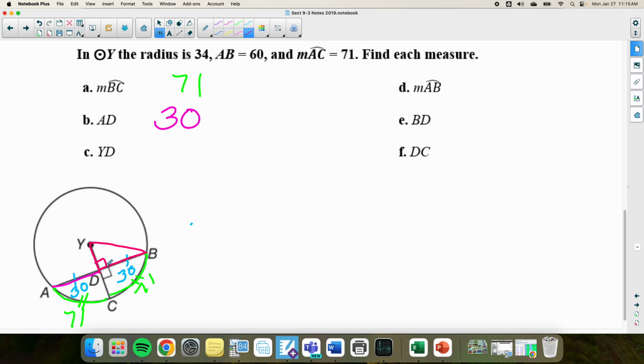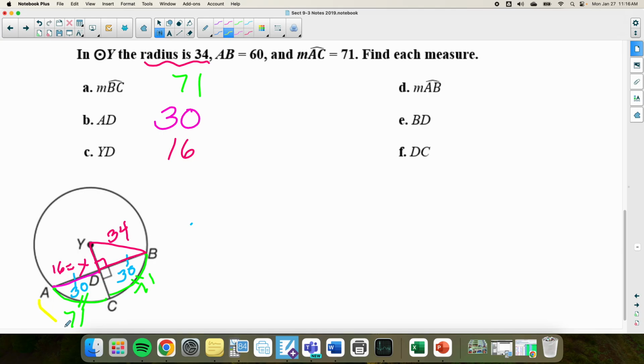Now, that's 30. The radius is 34, so that's here, and I need to find that. That is one of your Pythagorean triples again. What is it? 16. So having that Pythagorean triple sheet out will help you. So YD is 16.